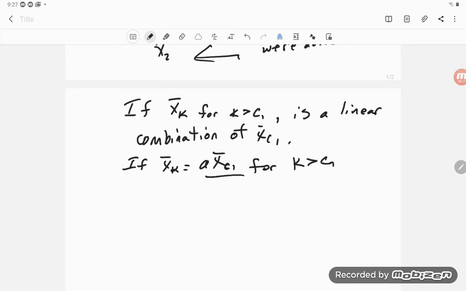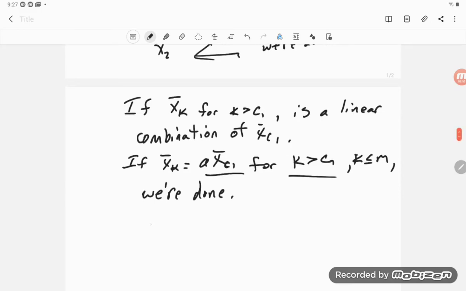There's nothing to add to it because I only have the one vector. If that's the case for all k up to m, then we're done. We have our basis. It's x sub c1, because it's non-zero. It's certainly a linearly independent set.